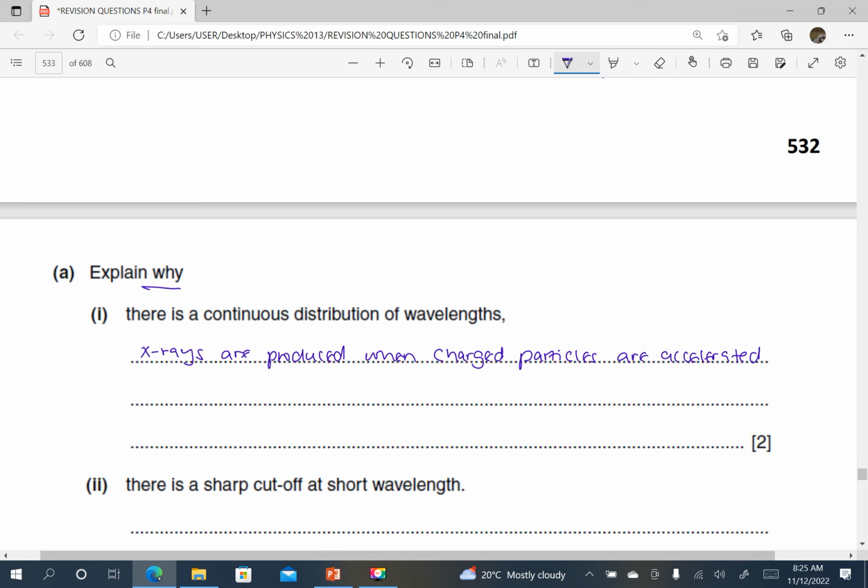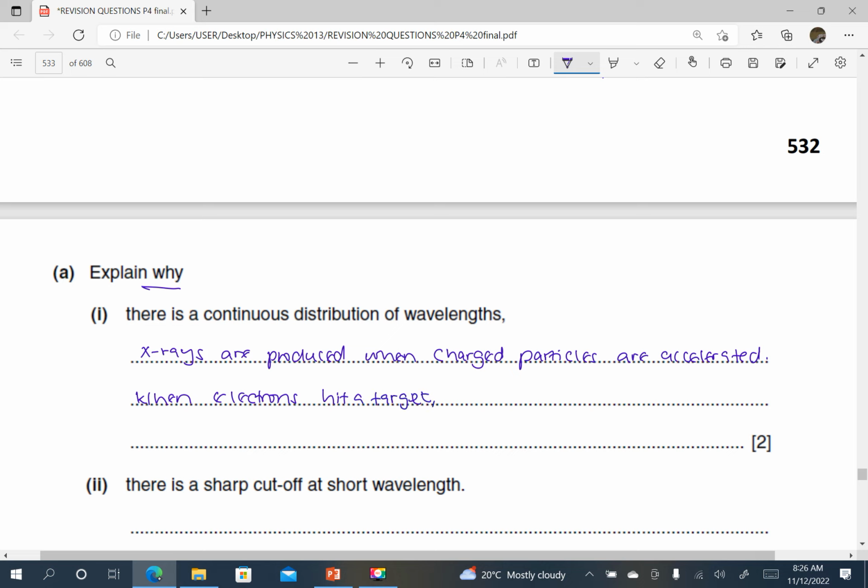When electrons hit a target, they have a range of decelerations.